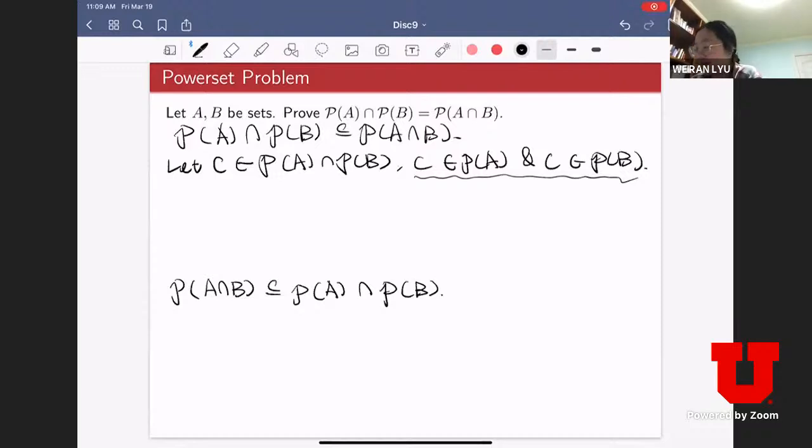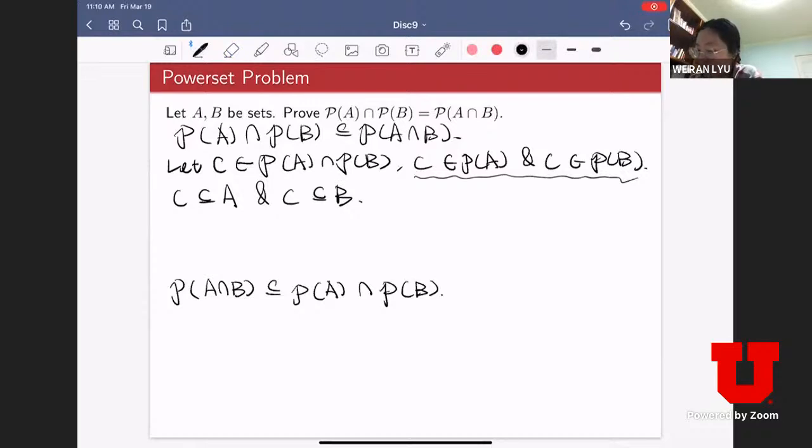So if we know that C belongs to the power set of A, then that implies that C is a subset of A. And similarly for the other one, C has to be a subset of B, by the definition of the power set.